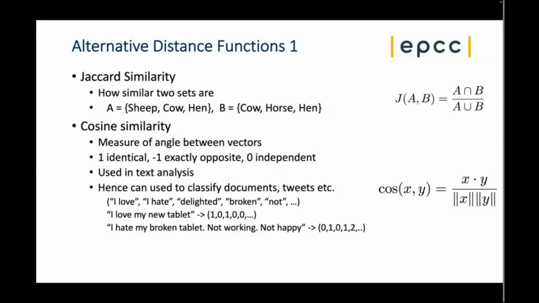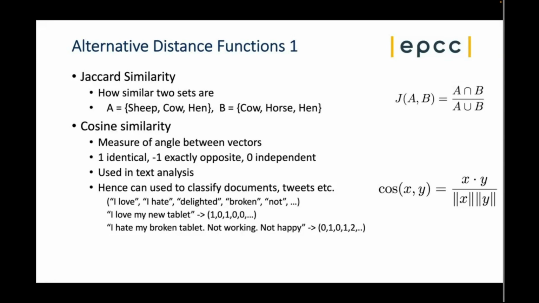Another one used often in text processing is something called cosine similarity. This measures an angle between two vectors. So if you can imagine a vector going out from the center of your space to the point where your different instances, different rows that you're trying to compare, you'll end up with two vectors, two lines going from the central point out in different directions.